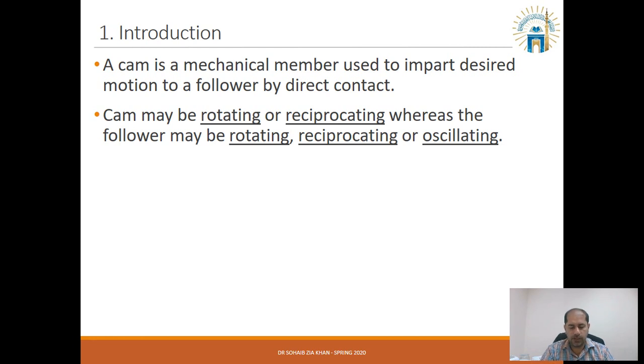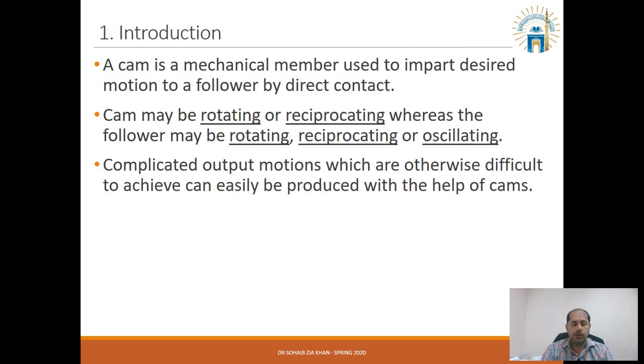So complicated output motions, which are otherwise difficult, or in some cases, I think, impossible to achieve, can easily be produced with the help of the design of the cam and the follower. These complicated motions may be very challenging if we try some other mechanism.